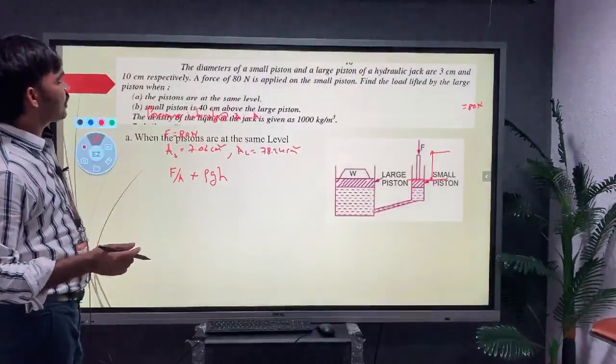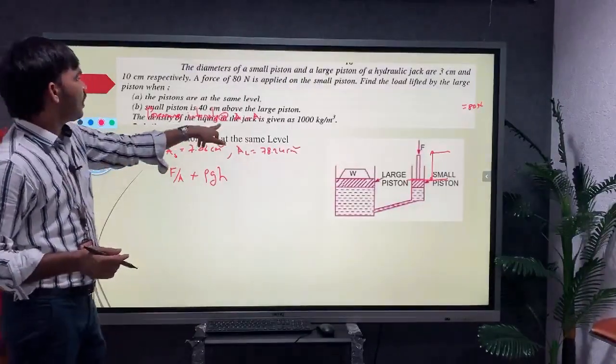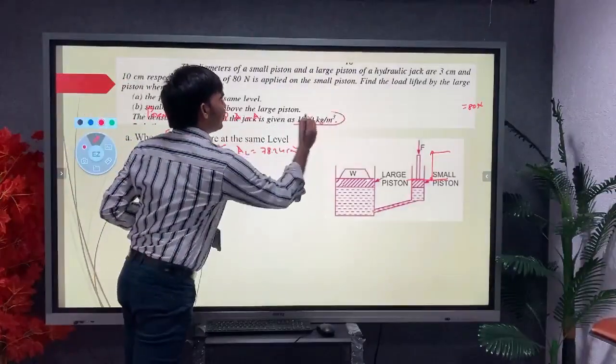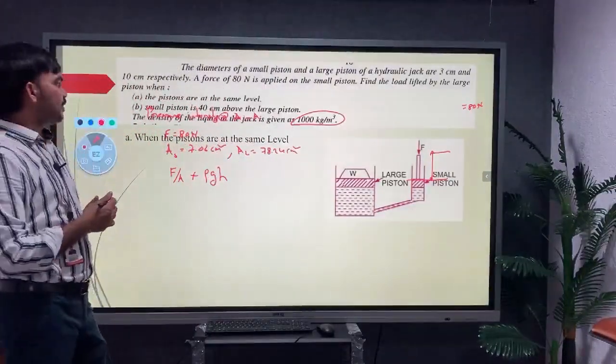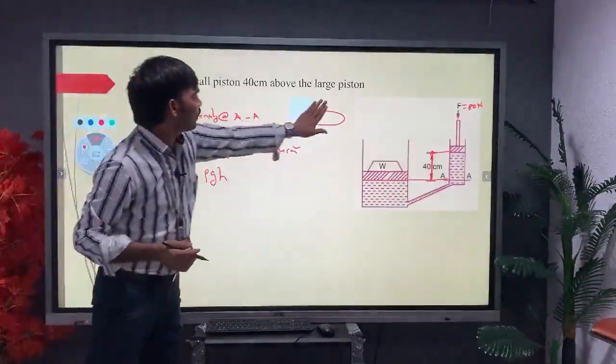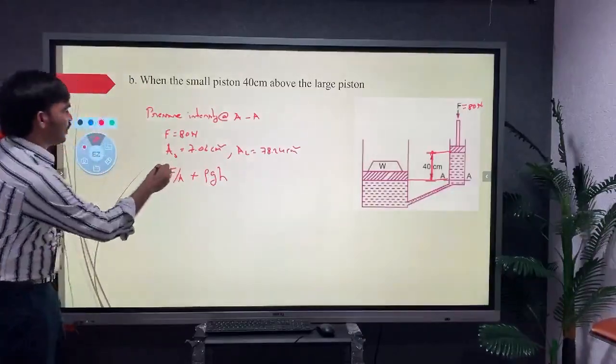The density of the liquid is given here: 1000 kg per meter cube. So the density of the liquid is given, and that we will use.